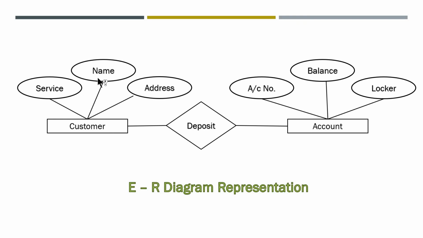One is the name of the customer, the other one is the address, the next one is regarding the service of the customer. Coming to the account entity, there are three different attributes available: account number, balance amount, locker. And we have one relationship here, that is deposit, where the customer is depositing a certain amount in the account or in the bank.